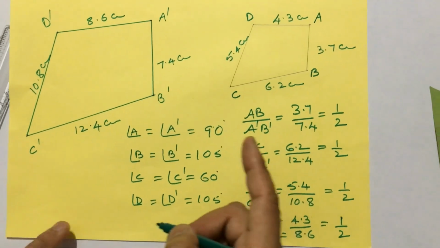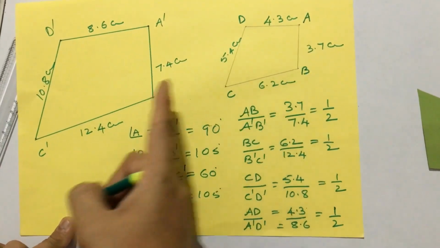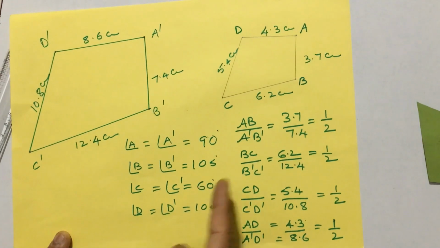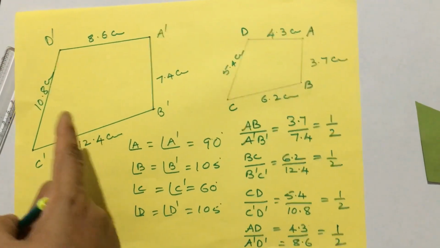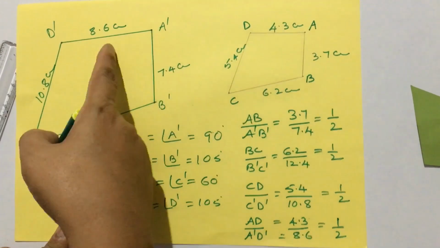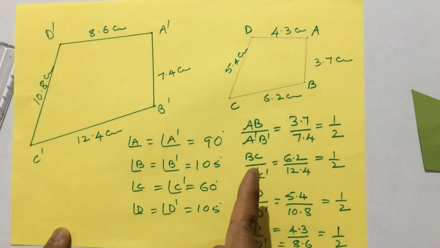What do you observe? The corresponding angles are equal and the corresponding sides are proportional, meaning they are in the same ratio. So from this, what can we say?